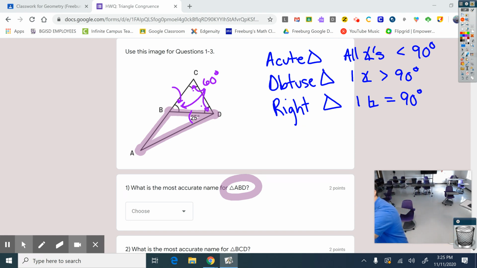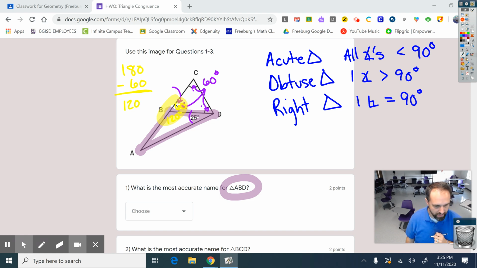And then if we've got two angles that form a straight line, these are our linear pairs. And so I can say that 180 minus the 60 degrees we have right there is going to give us the remaining 120. So this is 120 degrees inside there.